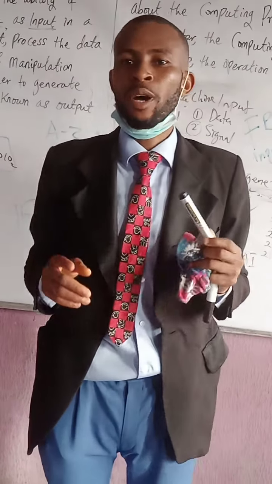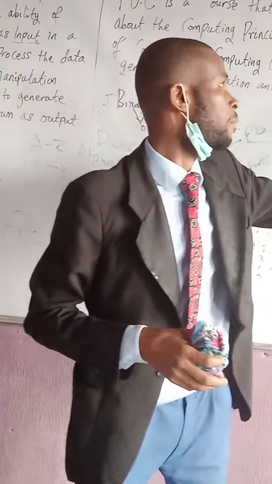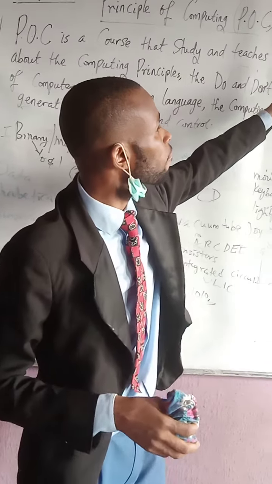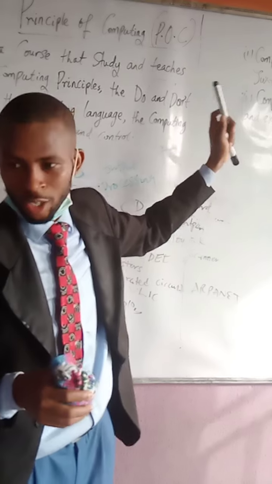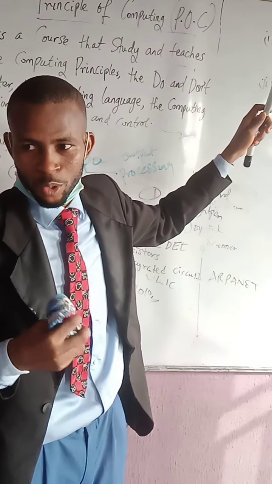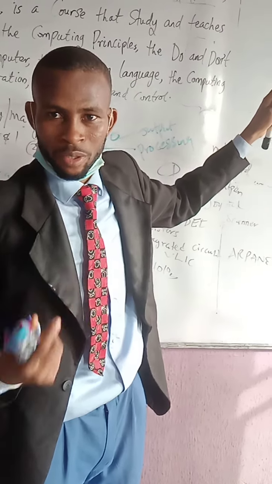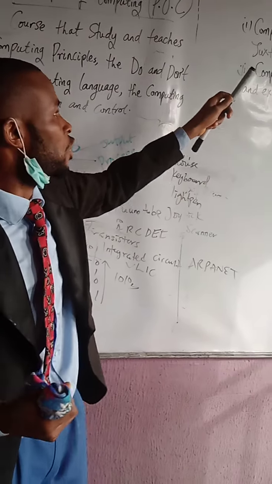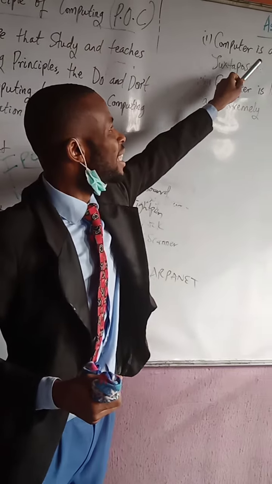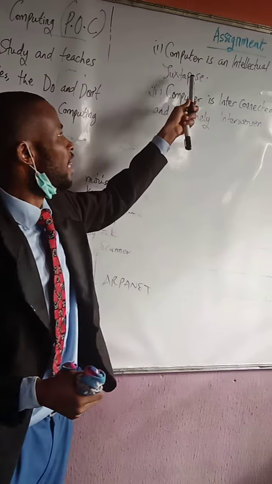So my two assignments for today are here. The first question: if you can answer this question correctly, definitely when I see your answer and I know that you really get it, I will send you something in your inbox as a token of appreciation. Computer is an intellectual neuron, critically juxtaposed.